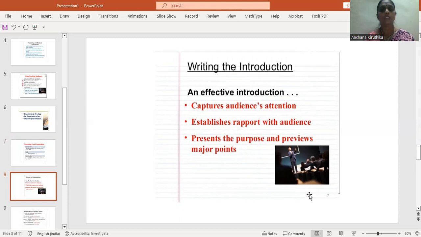Second, he or she has to establish a rapport with the audience, bringing a kind, amicable relationship with the audience. And third is the purpose, and previewing the major points in the introduction itself.